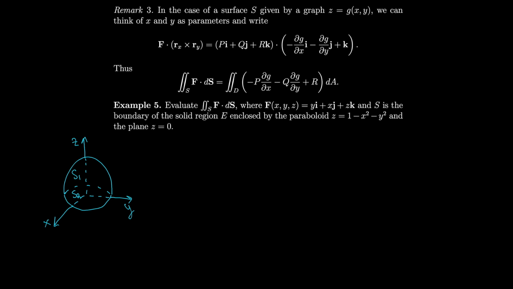So that means the normals point outward, something like this. I'll draw another color for the normals. And even for the base, they point outwards, so they're coming out of the base underneath.